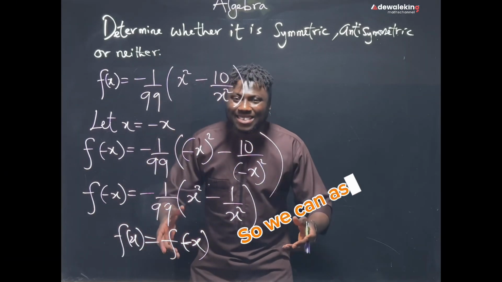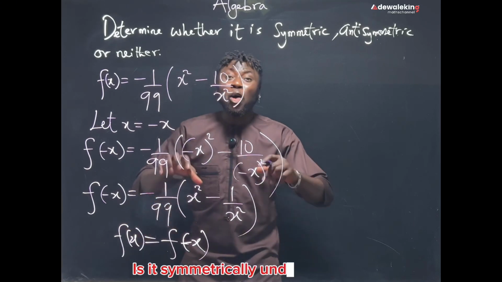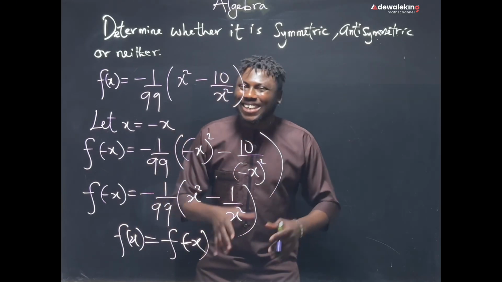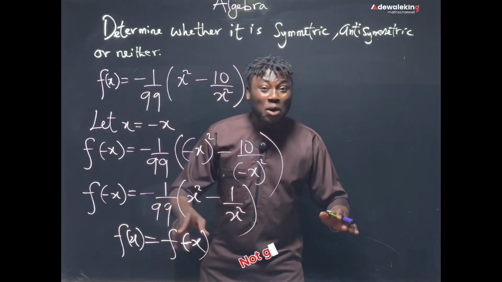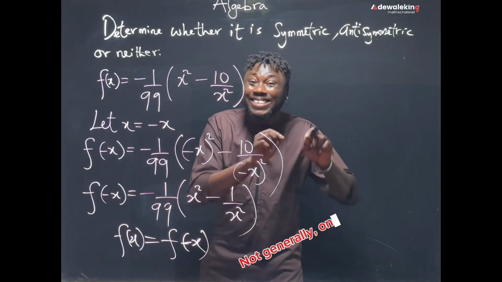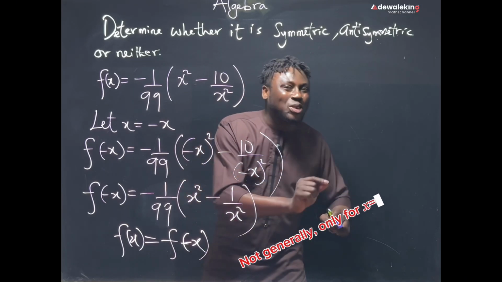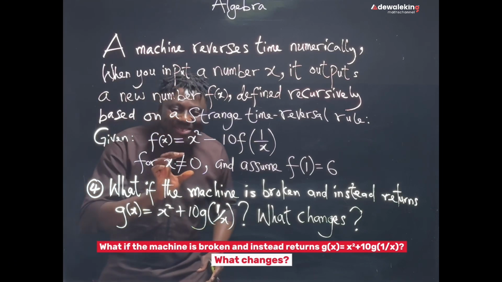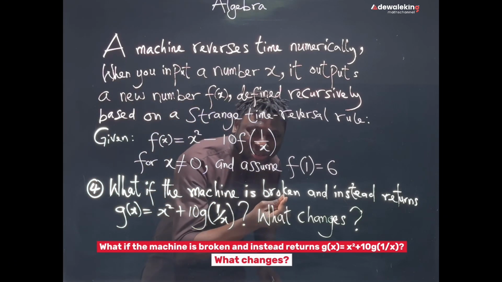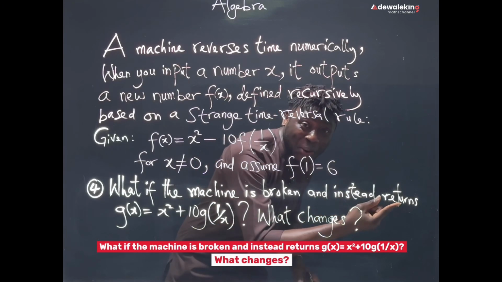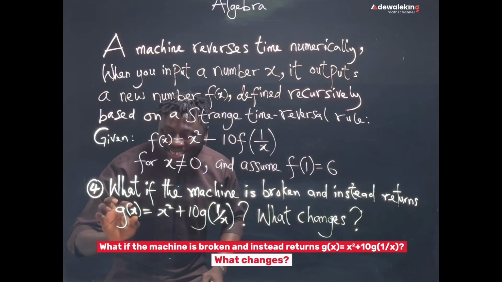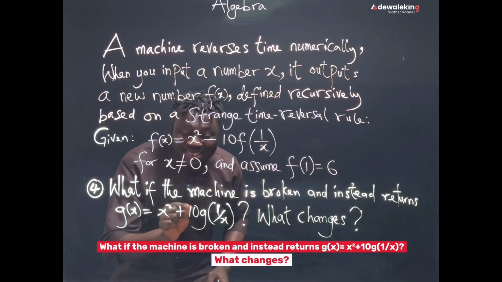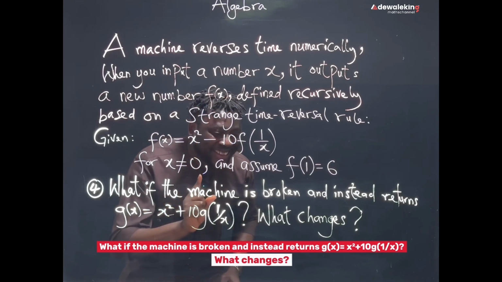So we can ask, is it symmetric under inversion? The answer is not generally, only for x equal to plus or minus 1. Question 4. What if the machine is broken and instead returns g of x equal to x squared plus 10g of 1 all over x?